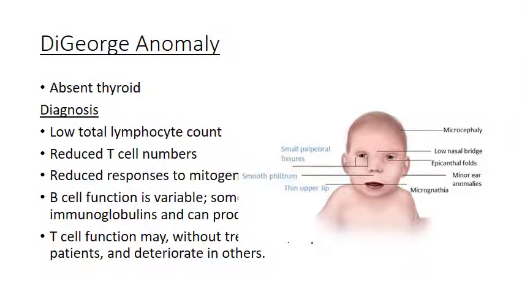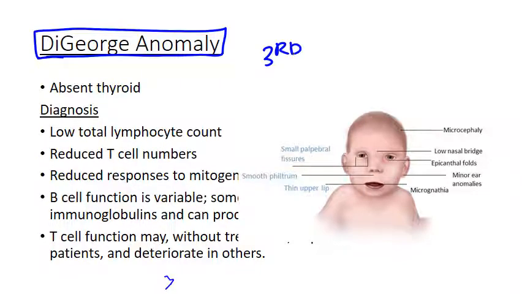Okay, so what are our main T cell deficiencies? The first is DiGeorge Anomaly. Dr. Jones talks about this extensively in her notes, so I won't go into it too much. This is basically a congenital disorder that results from arrested development of the 3rd and 4th pharyngeal pouches during development.